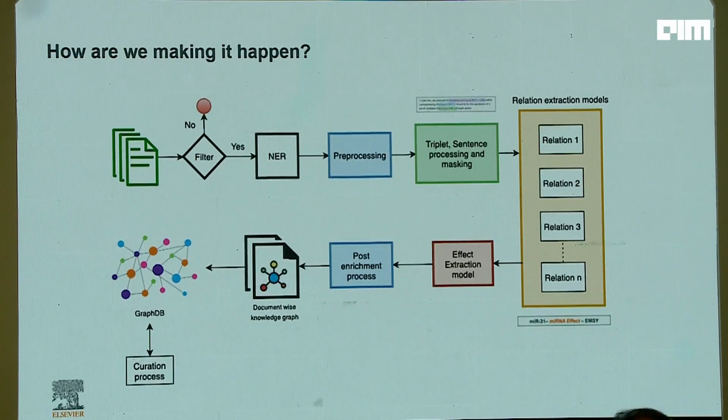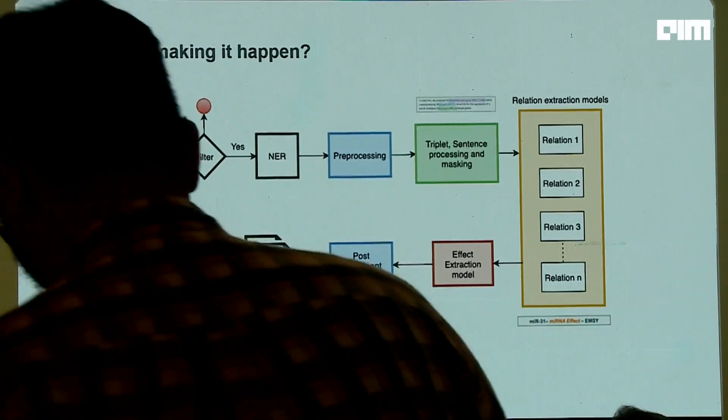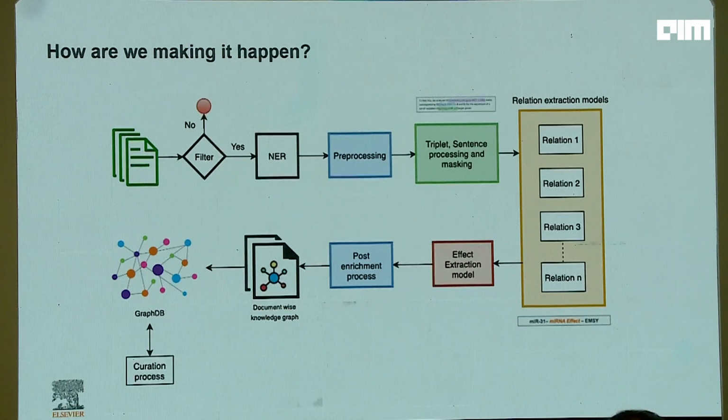Then we go into NER, as I explained earlier. It is supported by M-tree taxonomies, and we extract entities. Once we have these entities, we pre-process them by attaching them to the sentences they were extracted from. We clean them. We add more information to that, which goes on to our next step, where we have these triplets from sentences, and we create subject-object pairs.